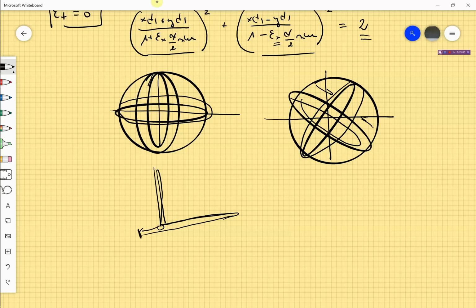So if this arm stretches or gets longer, it will do so, and it coincides with this polarization also, corresponding to these two axes. This will become shorter when this becomes larger.